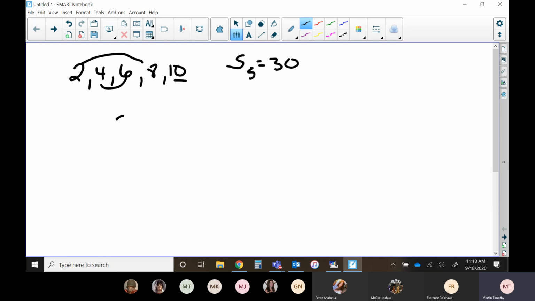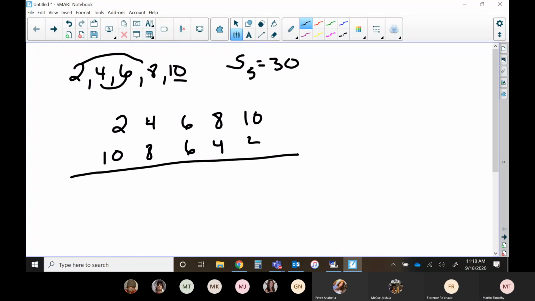If I take 2, 4, 6, 8, and 10, and I write the series down in order first, from smallest to greatest, and then I write the same series down, but this time in reverse order, and I add them together, what do you notice happened?